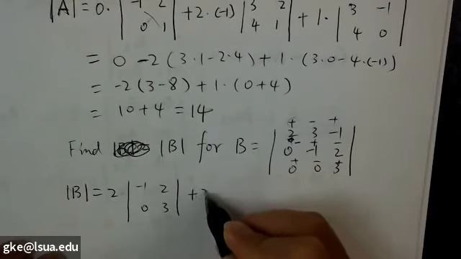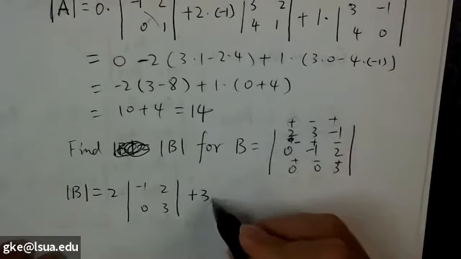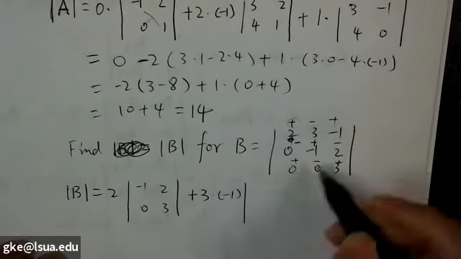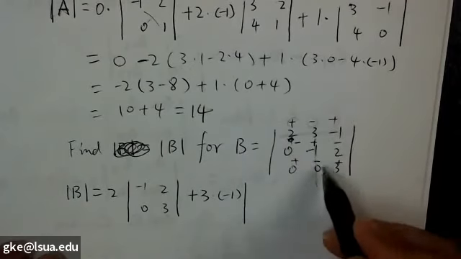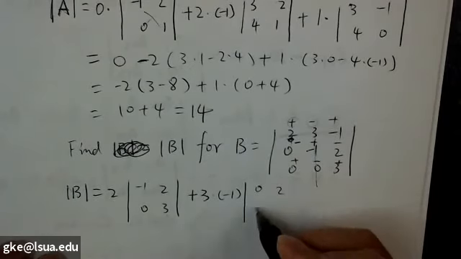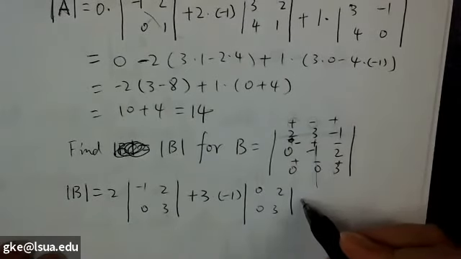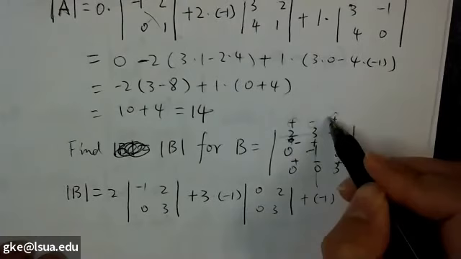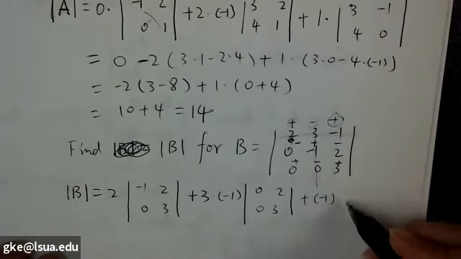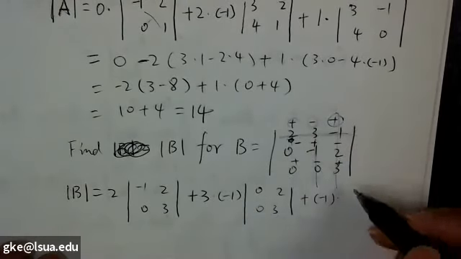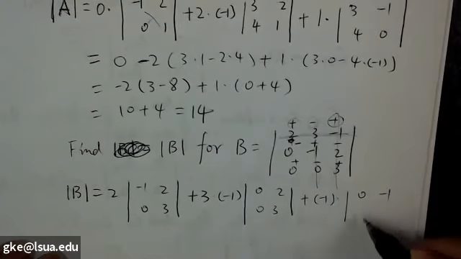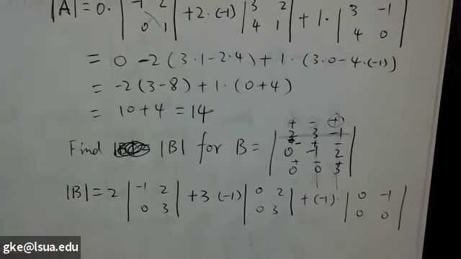And 3 times the negative minor is 0, 2, 0, 3. The last one is negative 1 times positive itself, so it should be 0, 1, 0, 0. So that's the first step.